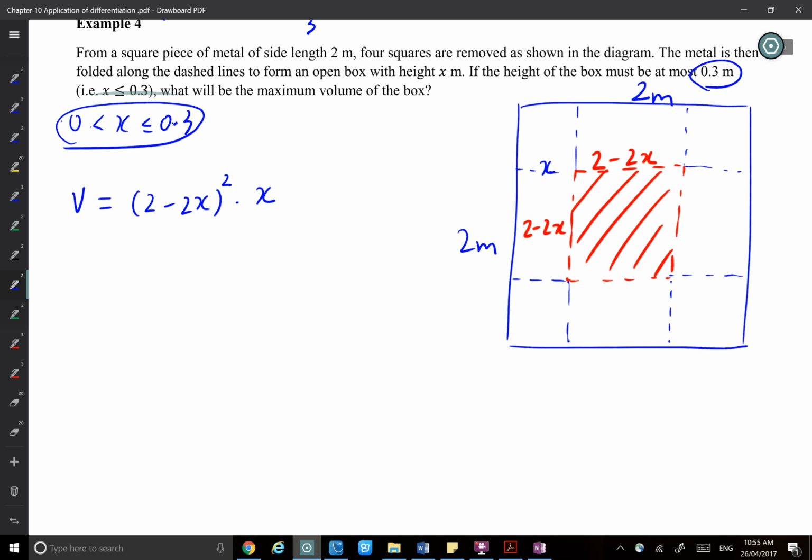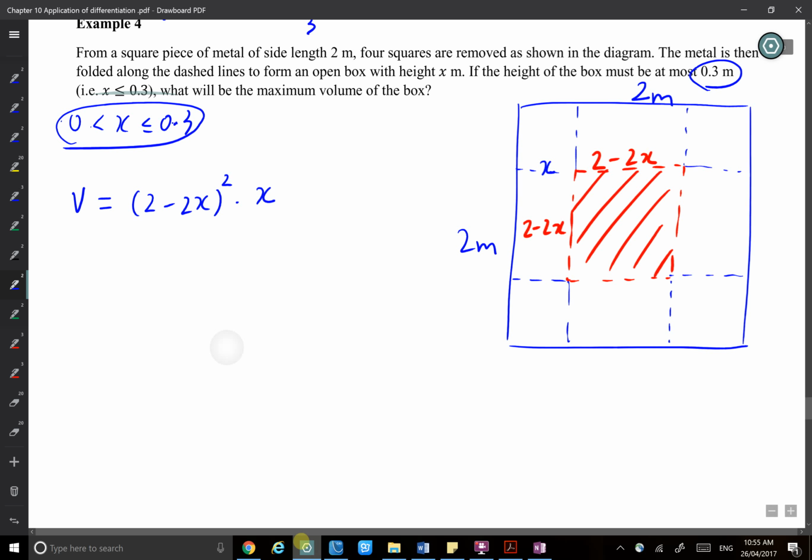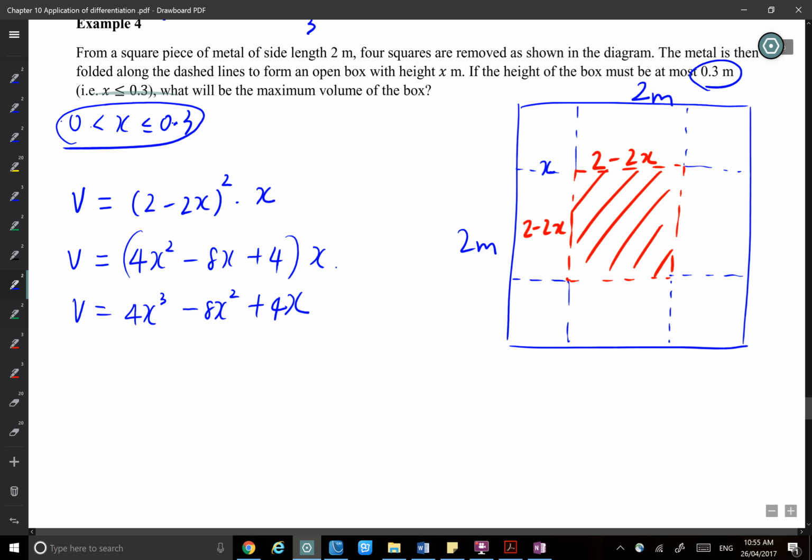When you form this box, the height is x. V equals 4x squared minus 8x plus 4, and then times x. V equals 4x cubed minus 8x squared plus 4x.